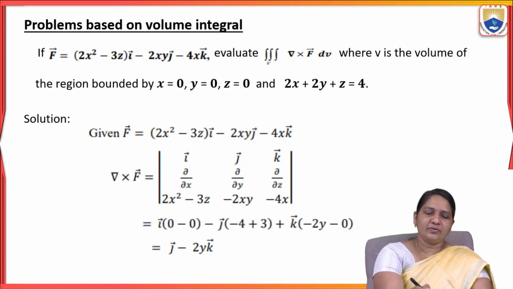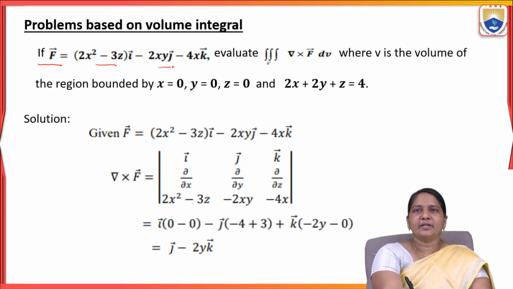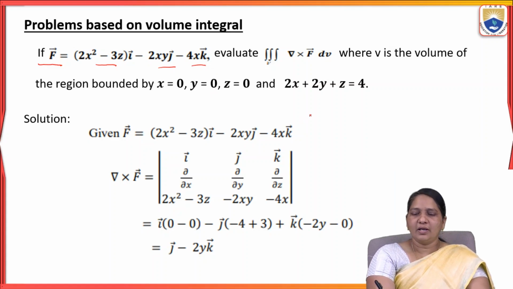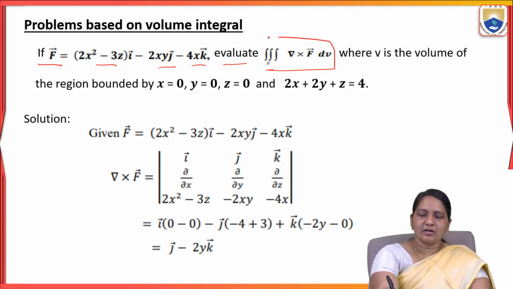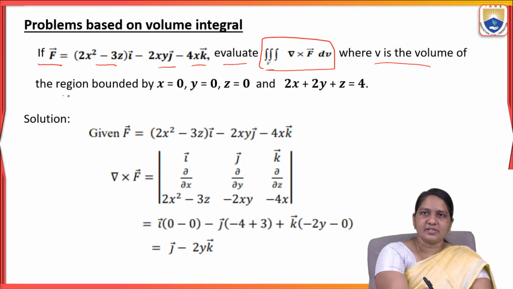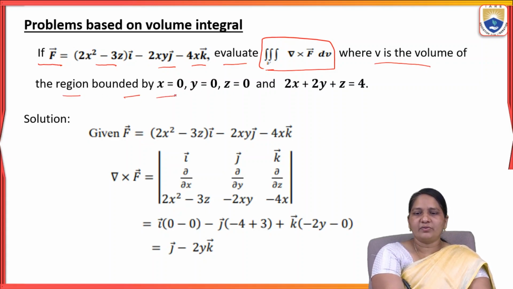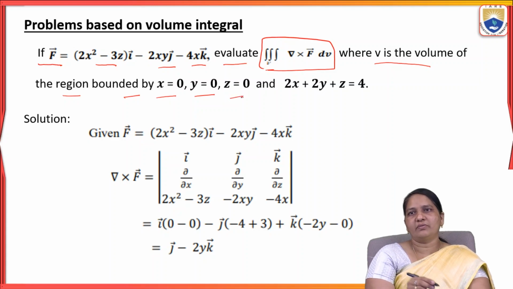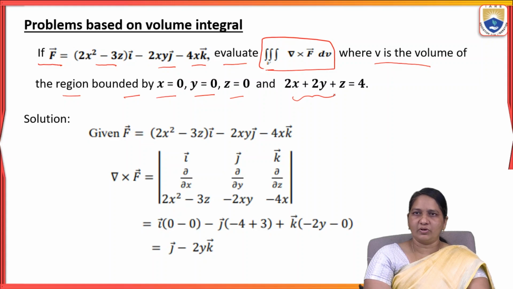Here they have given the vector field f bar equal to (2x square minus 3z) i minus 2xy j minus 4x k. Evaluate the triple integral over V of del cross f dv, where V is the region bounded by x equal to 0, y equal to 0, z equal to 0, and 2x plus 2y plus z equal to 4.